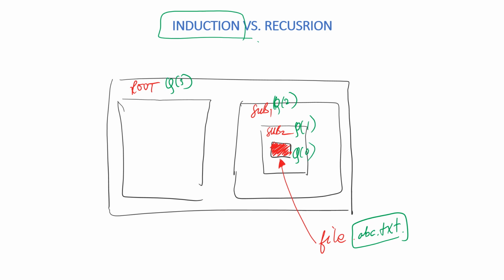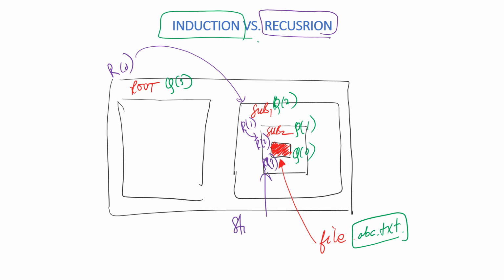Recursion, on the other hand, does the entire process in reverse. So we actually start at the root, that's Q0, let's call this R0. That's the first time the recursive function is called. We drill down into the subdirectory R1, go to sub2, R3, and then finally reach something called a stopping case, where there's one of two outcomes.